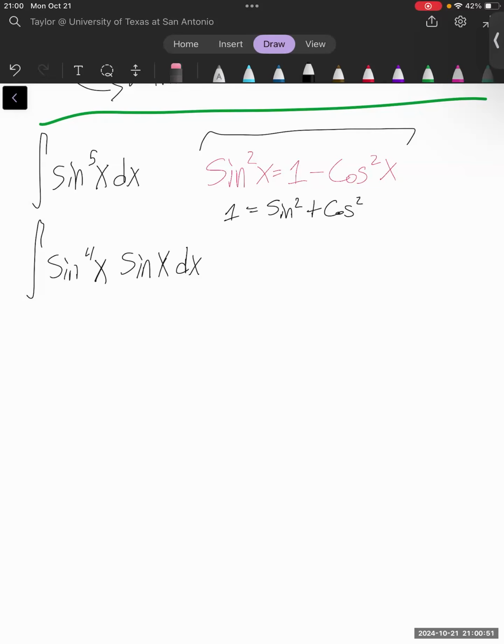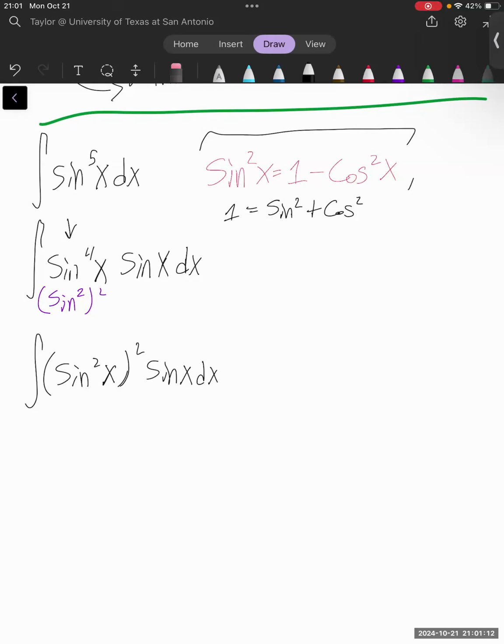And so here, I can rewrite this as sine squared squared. So rewriting this below, I get sine squared x squared times sine of x dx.